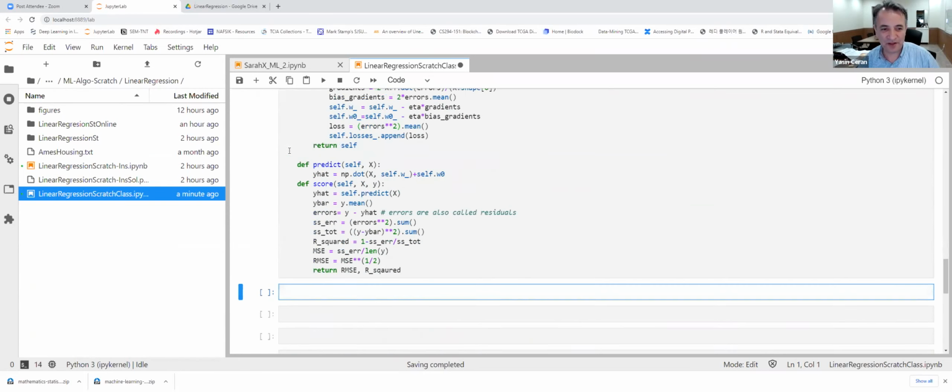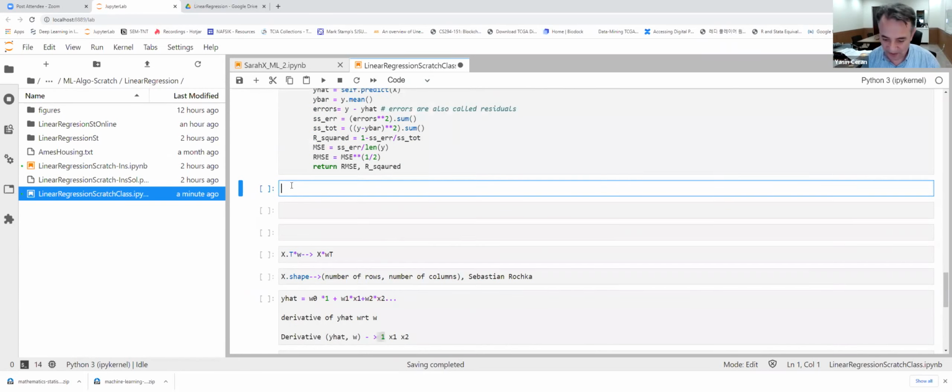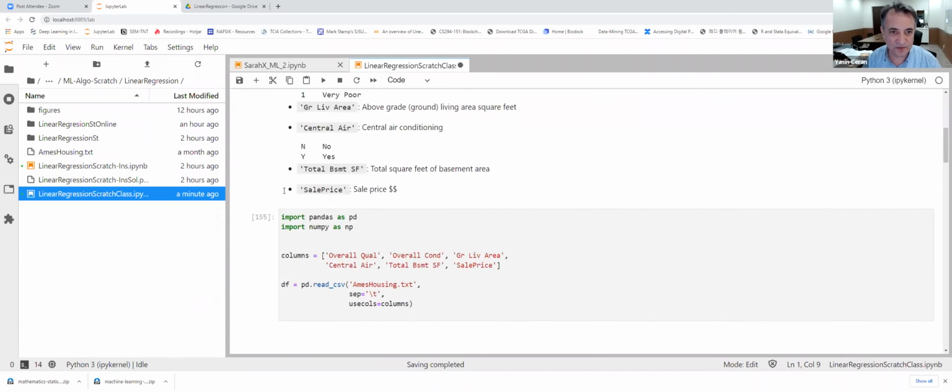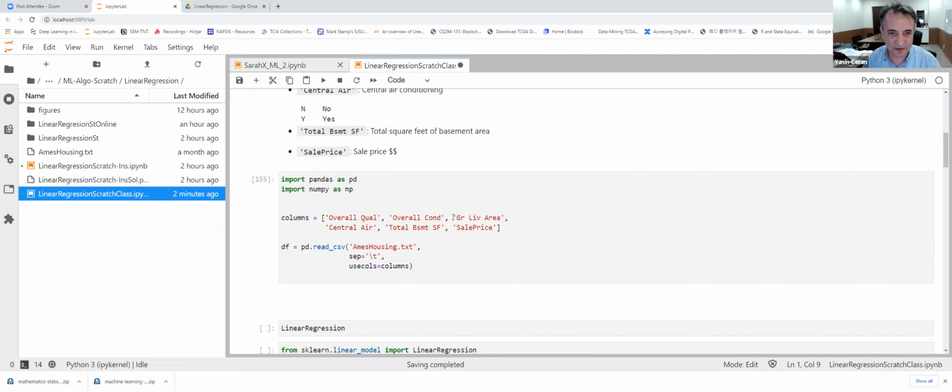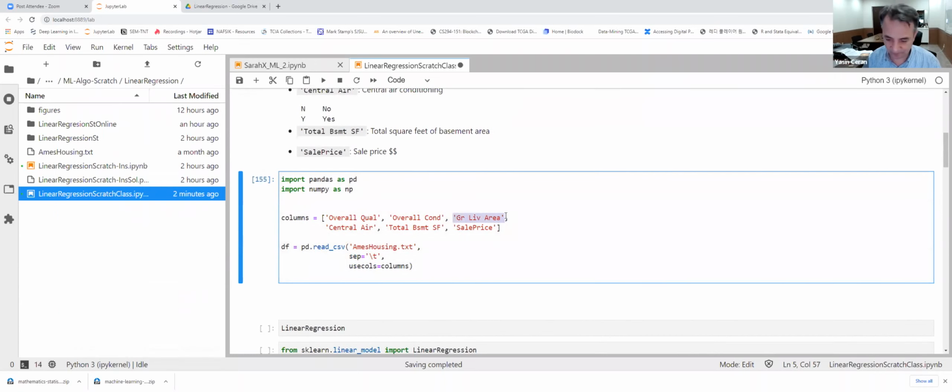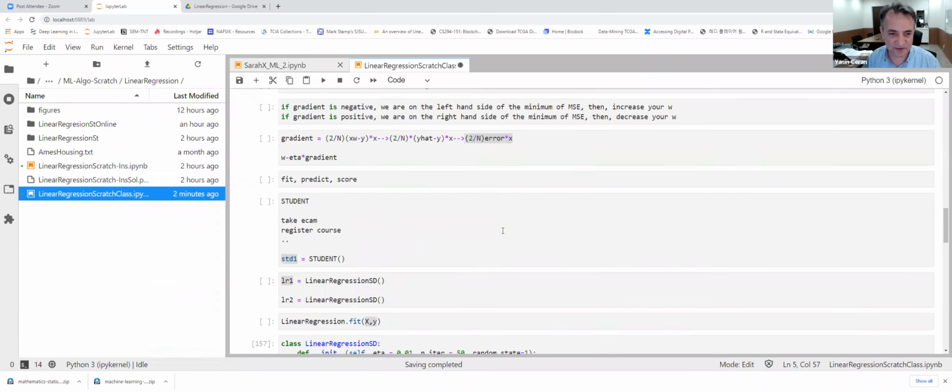So I'm going to take X, just one column of df. Let's use this column, guys. This one. Just to make it simpler.